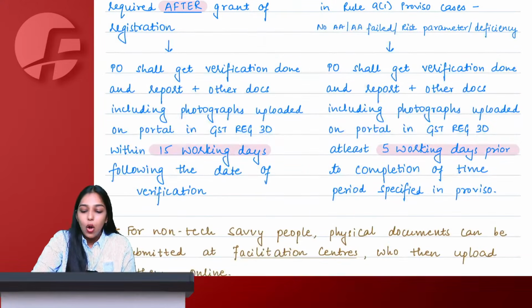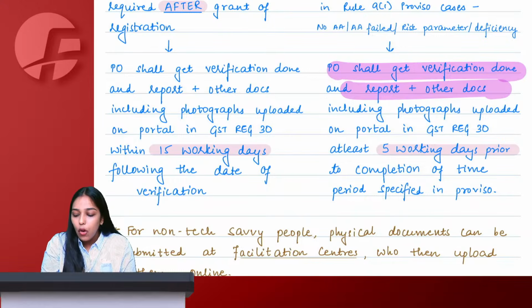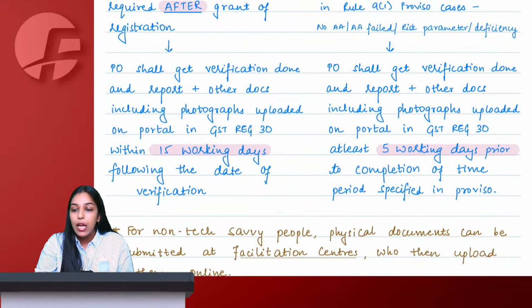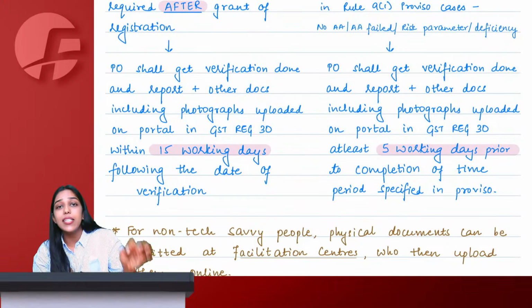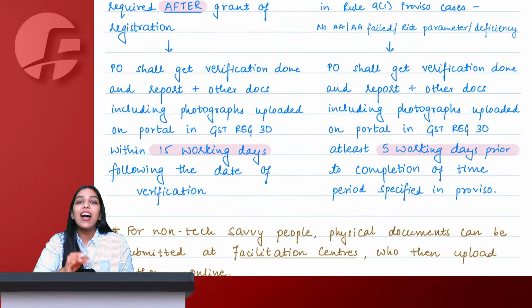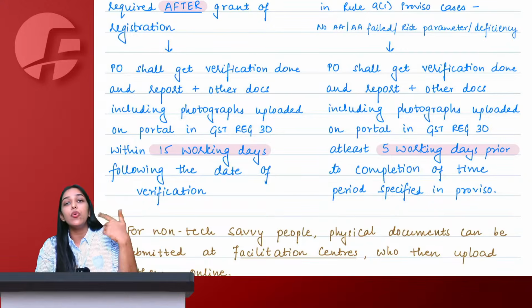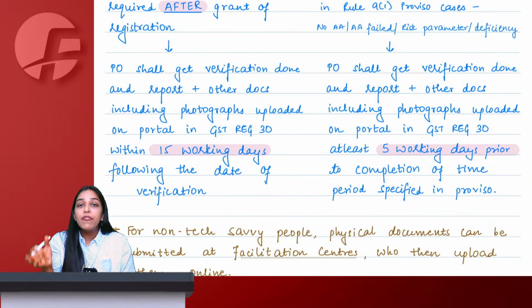In that case, the officer will come to your premises and do your physical verification, and whatever is the last date for the officer to give you the registration certificate, 5 working days before that, he will have to upload the report.